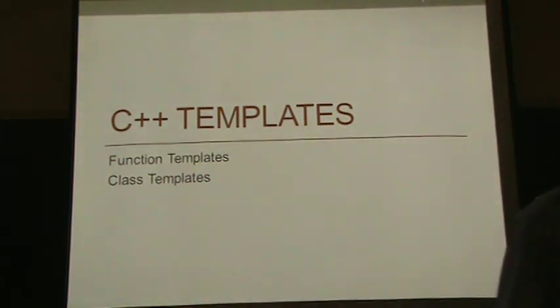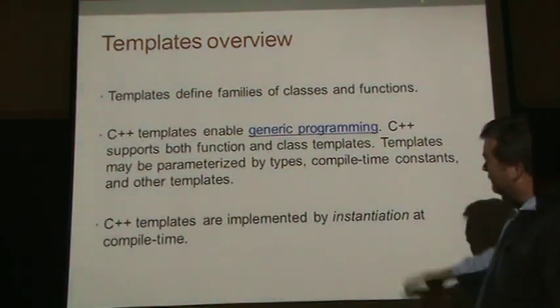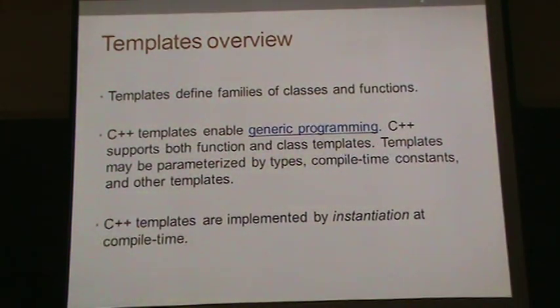Okay, so C++ templates come in two flavors: function templates and class templates. Just a little definition, I think this one came from Wikipedia. So three different definitions. Templates define a family of classes and functions. C++ templates enable generic programming.